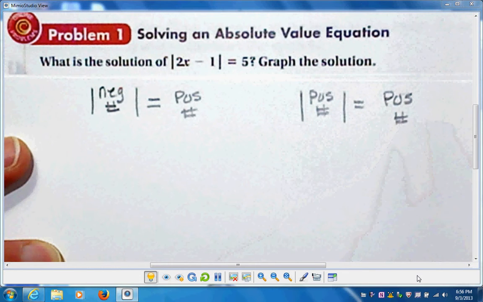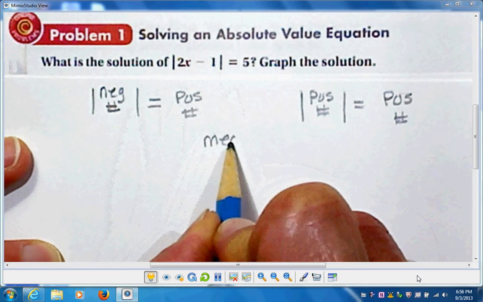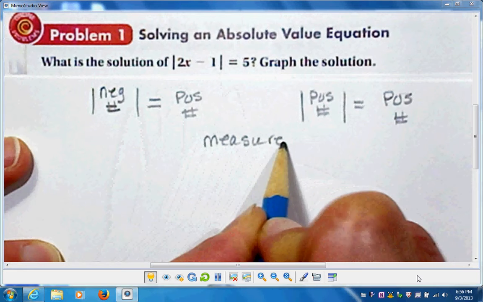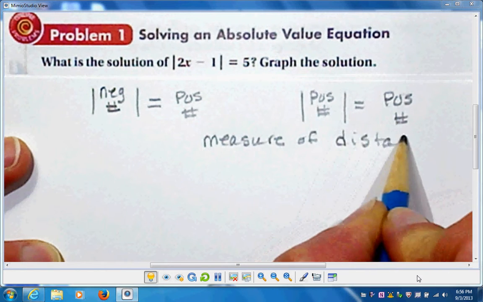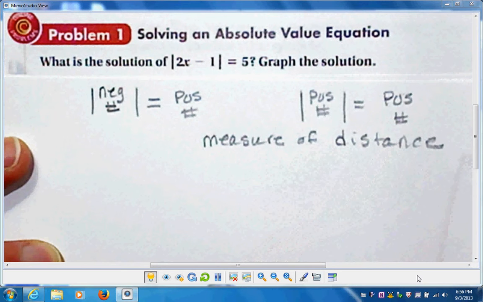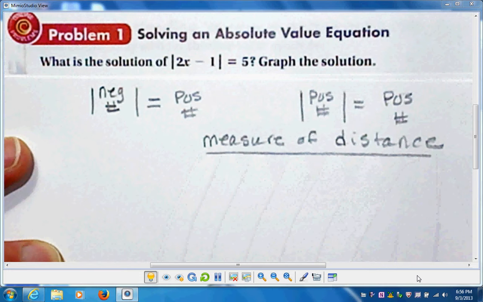Well, why is that? Because absolute value is the measure of distance from a given point. And the measure of distance is always positive.